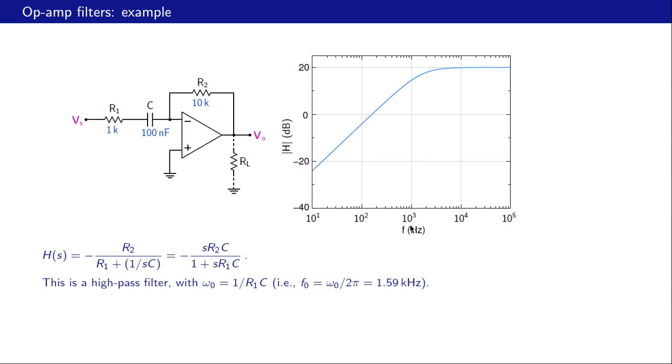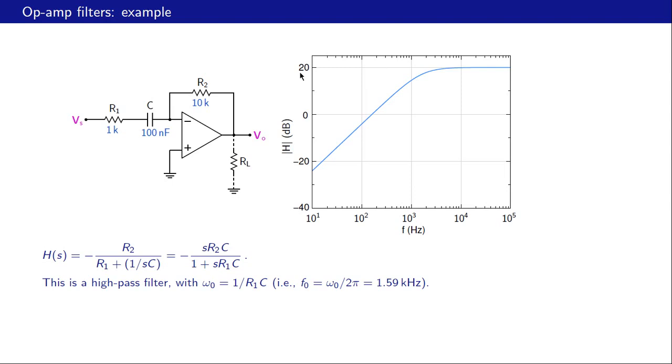So this is 1 kilohertz, that is 2 kilohertz, and 1.6 kilohertz is somewhere between the two. Alright, so this is our pass band, and notice that there is a pass band gain of 20 dB for this circuit.